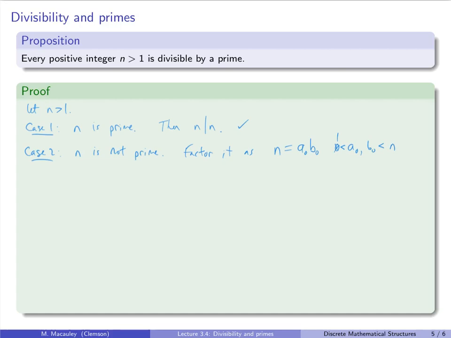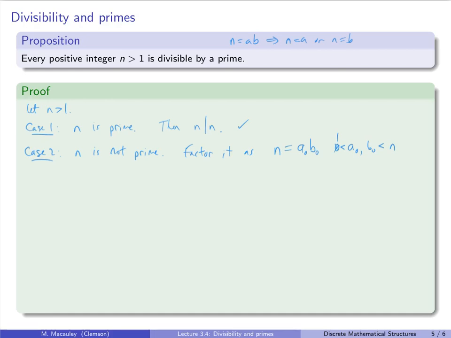So we can always write 1 times n or n times 1, but if it's not prime, that means we can factor it like this. Because remember what prime means. Prime means that if n equals a times b, then n equals a or n equals b. So if it's not prime, that means that we can find an a and b for which one of these fails.